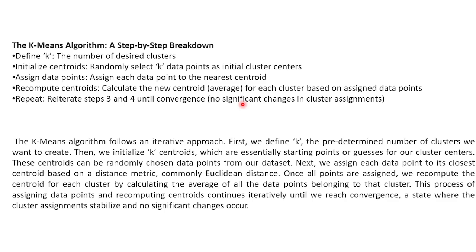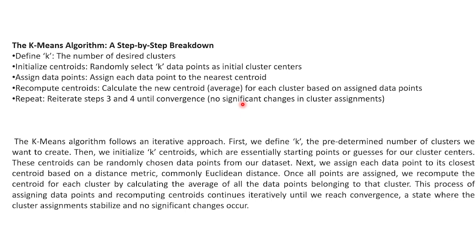So the k-means algorithm, step by step breakdown. Initialize centers. First of all, you need to initialize the process by identifying centroids. Randomly select k data points as initial centers. There is no particular rule that you are supposed to select this point or that.